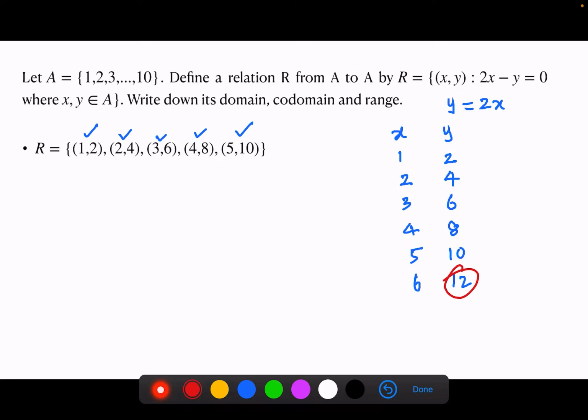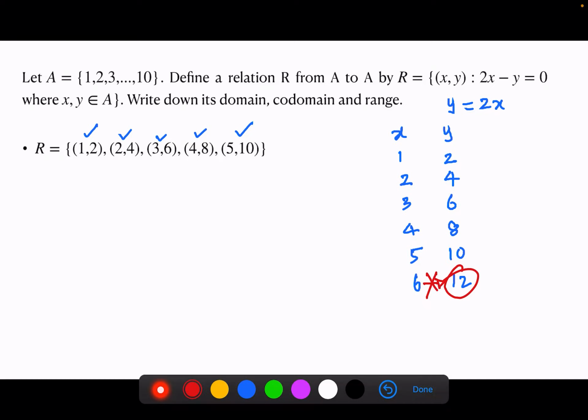So I cannot have a connection from 6 to any number, and you don't have an ordered pair with first element 6, or similarly 7, 8, and so on.